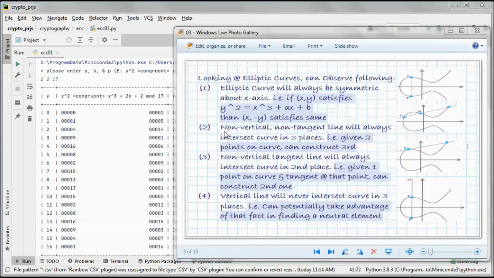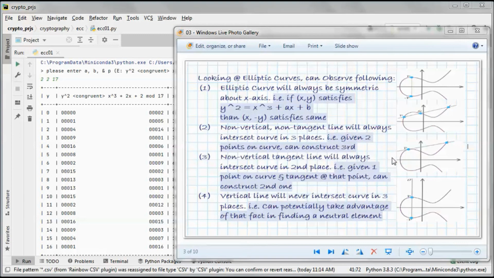And also we can observe that a non-vertical, non-tangent line will always intersect the curve in 3 places, meaning given 2 points on the curve, P and Q, we can construct a third point.